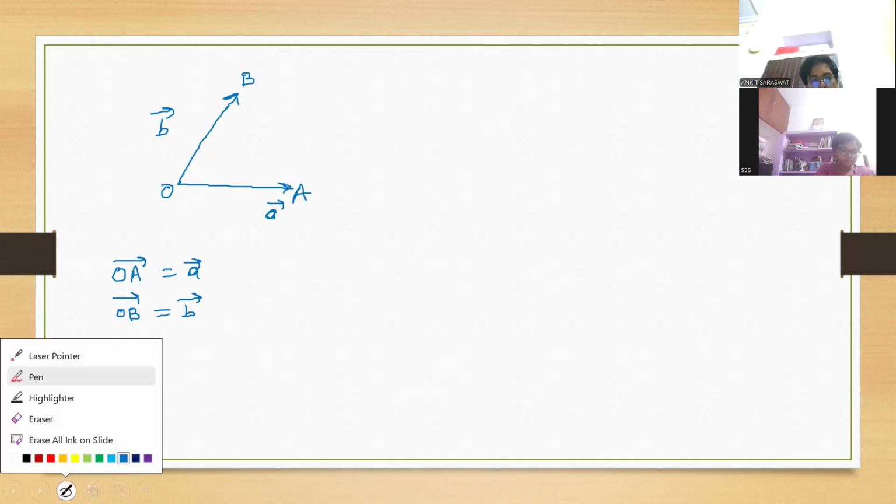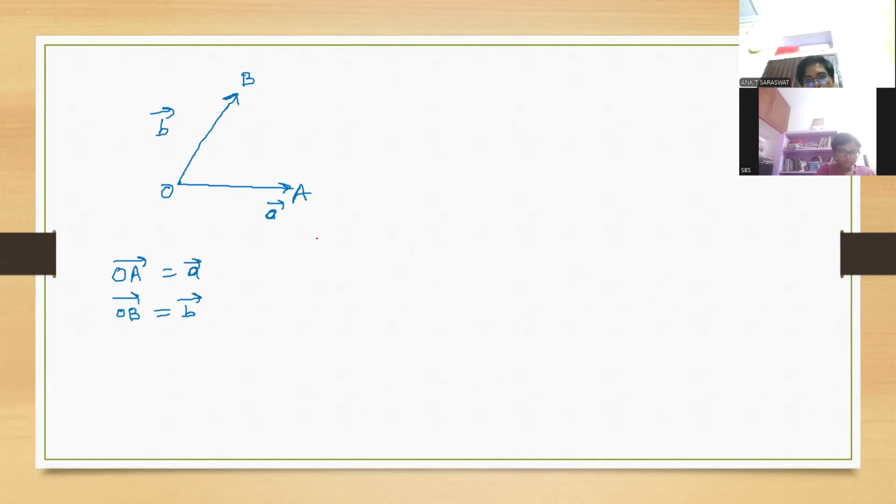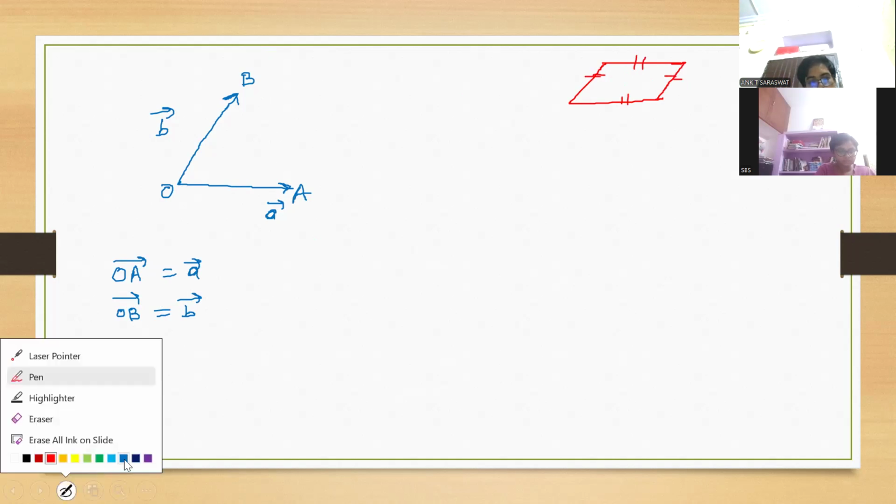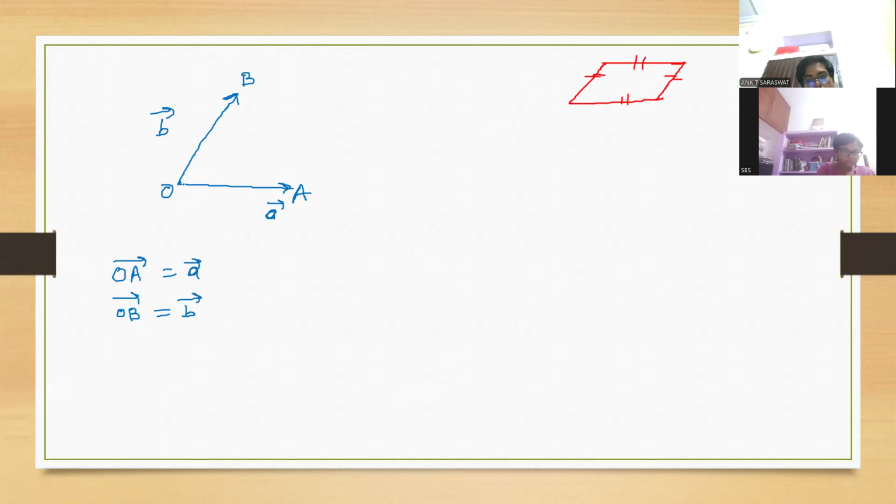Now we will make a parallelogram. In case of parallelogram, you know the shape of parallelogram like this. Opposite sides are equal and parallel. So we will make a parallelogram like this. I already informed you that parallel shifting of a vector is possible.